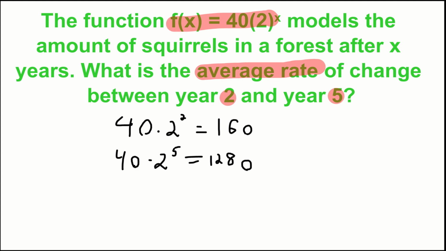Okay? So once you plug those in, we got two ordered pairs. We got 2 and 160. We got 5 and 1280. So you need to find the average rate of change. Y'all go ahead and do that part.